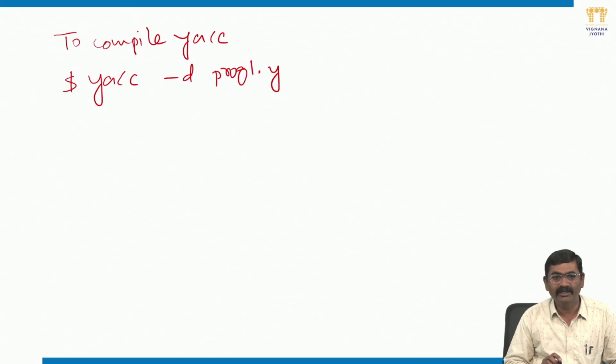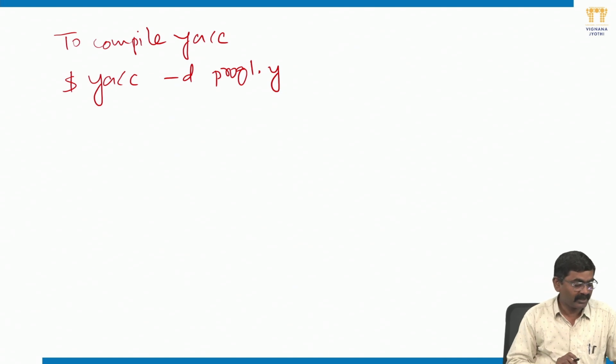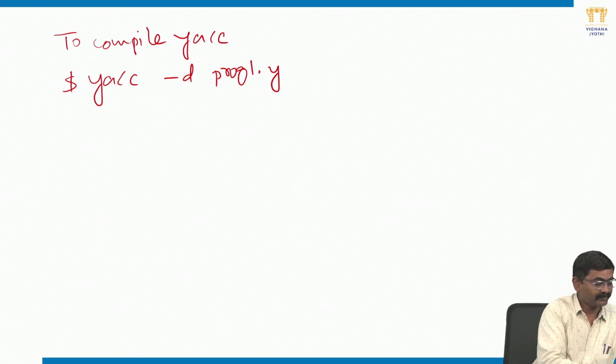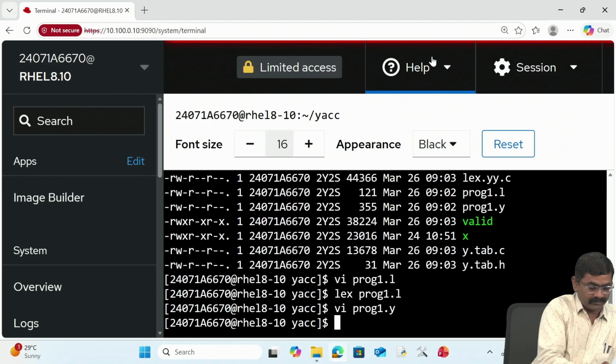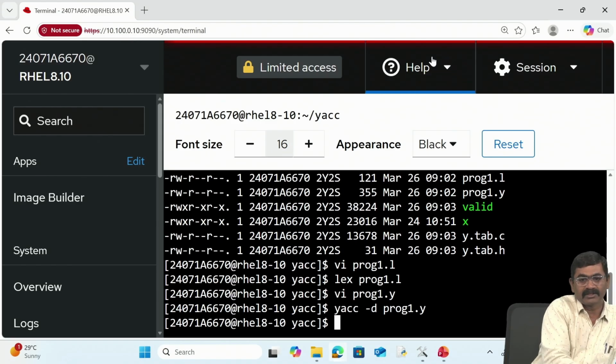Whenever we do that, we get one file called y.tab.c, that is a C file. Let us see this first. yacc -d program1.y. So run this. The code has been compiled.